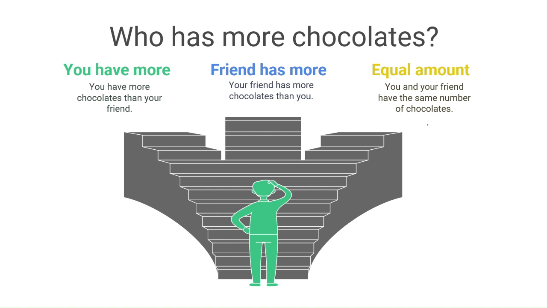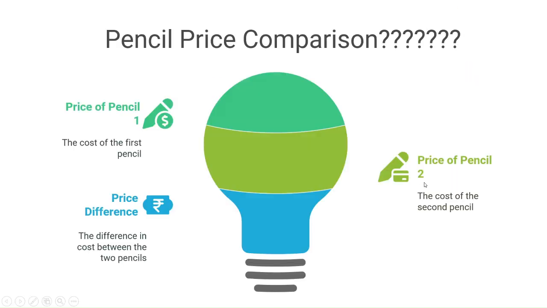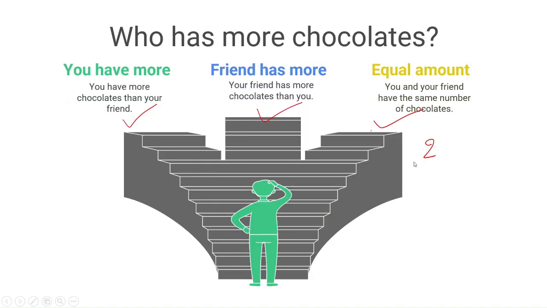For example, you and your friend have some chocolates. First, you need to check whether you both have the same chocolates, or your friend has more chocolate or you have more chocolate. Accordingly, you can distribute, or share among yourselves. For example, in the equal amount case, your friend is having two chocolates and you also have two chocolates. So that means you and your friend have the same chocolates.